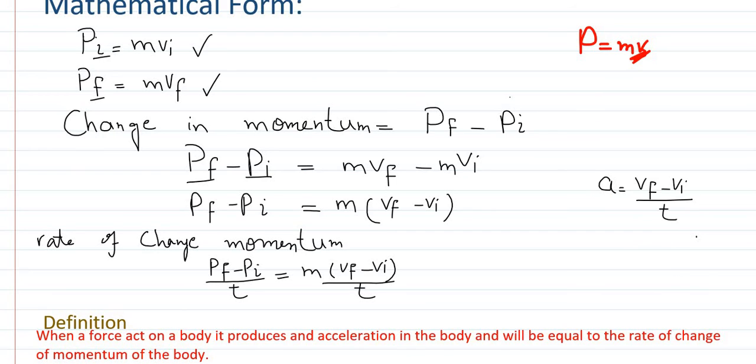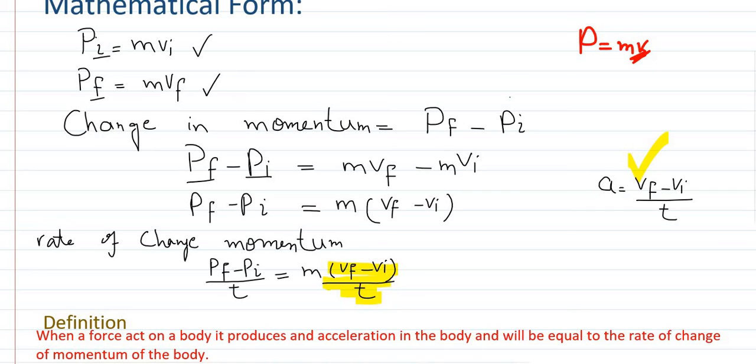Now you know that the rate of change of velocity, vf minus vi over t, I underline this, is the rate of change of velocity with respect to time. I write a formula here: vf minus vi over t is equal to a. So I am putting the value of vf minus vi over t here.